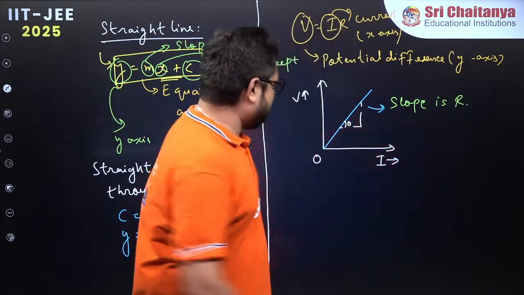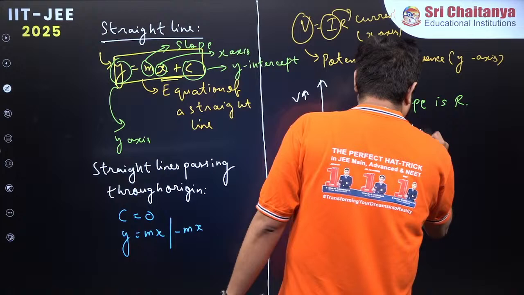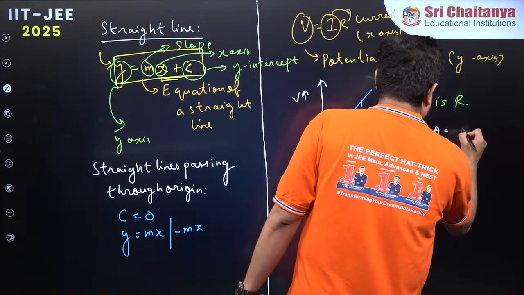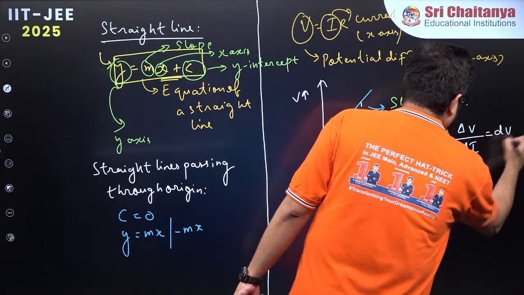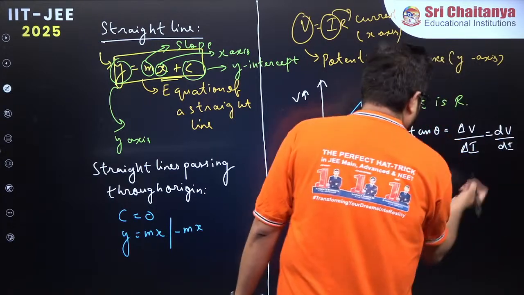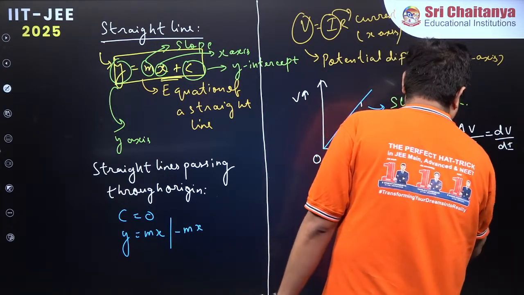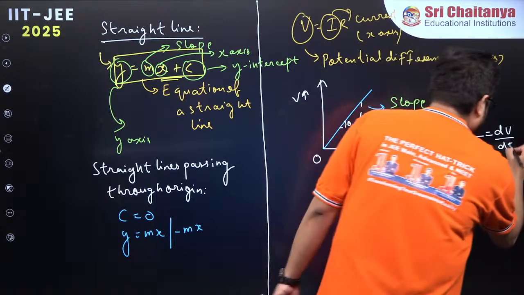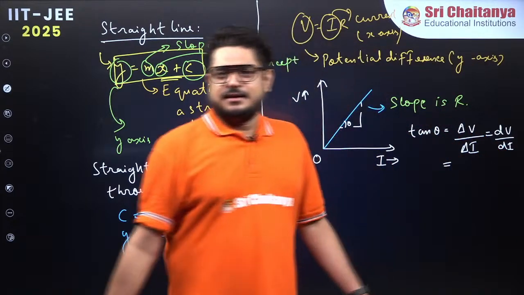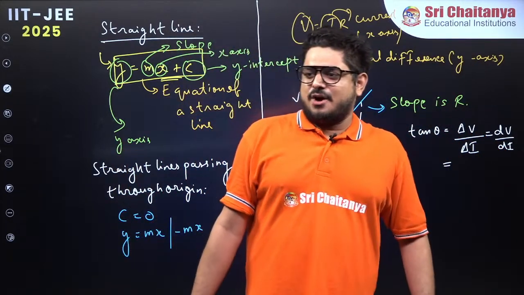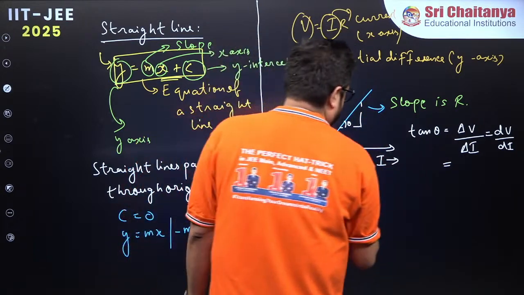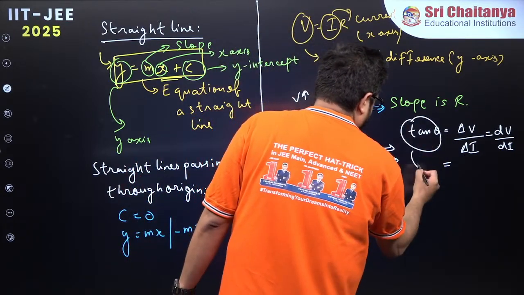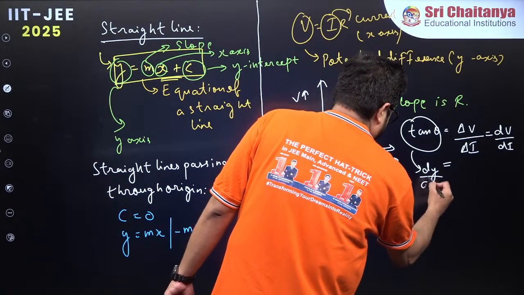So it's going to be constant. I will say that this tan theta is going to be equivalent to delta V by delta I. You can also write it as dV by dI, because in that condition this is what we can say, isn't it? Okay, so now I can also write this tan theta is what? You know that this is dy by dx.